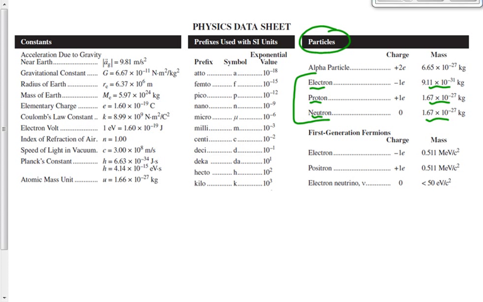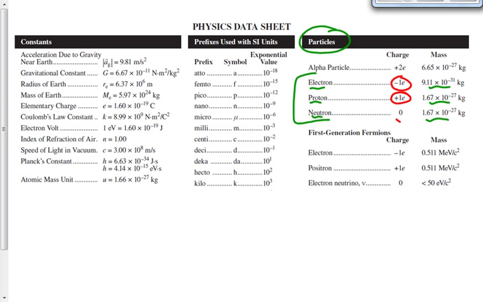But the charge given for the electron, the proton, and the neutron isn't given in coulombs. It just says minus 1e or plus 1e, or, of course, for the neutron, it would be 0. What does this minus 1e thing represent, this plus 1e? Well, e stands for an elementary charge, the smallest possible charge that we can have.